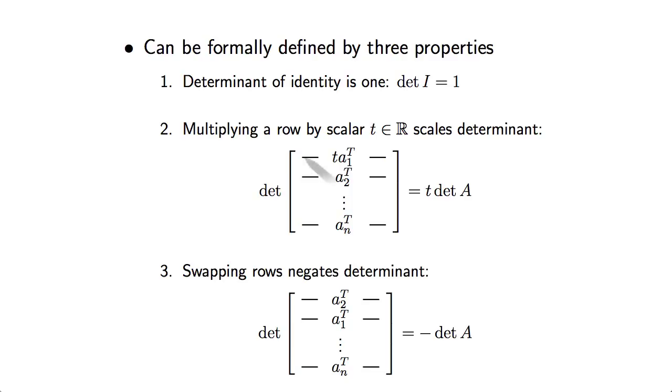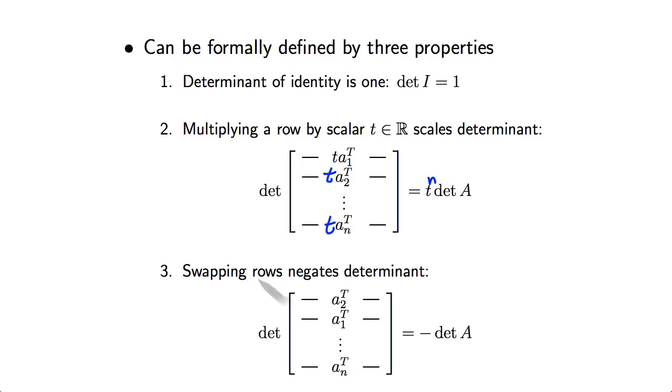Secondly, if we take one of the rows in the matrix A and scale it by t, that scales the determinant by the scalar t. So we're scaling one of the rows by t, that will scale the entire determinant by t. What that also means is that if we scale all the rows by t, for example, then we would actually be scaling the whole thing by t to the n.